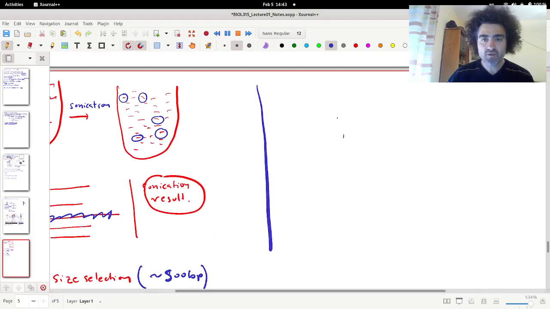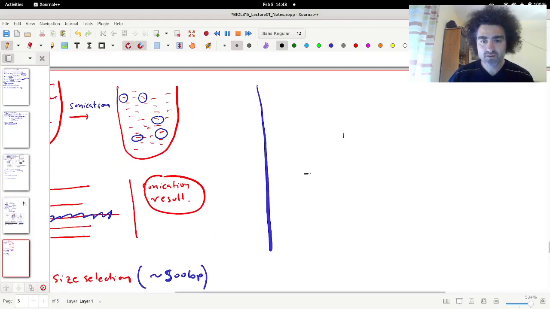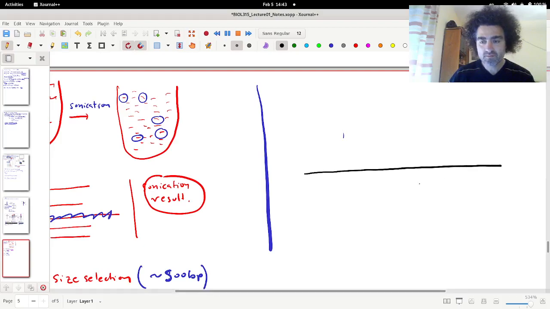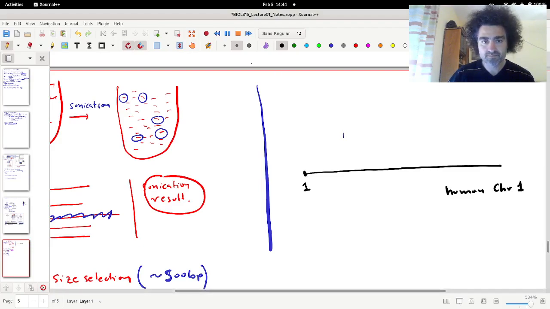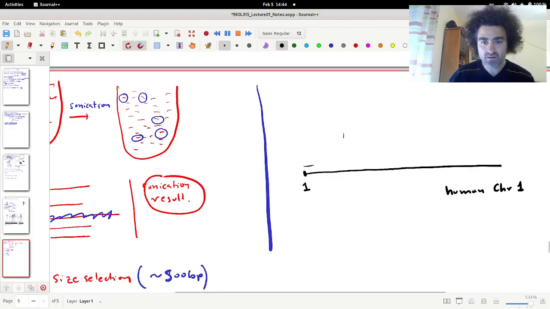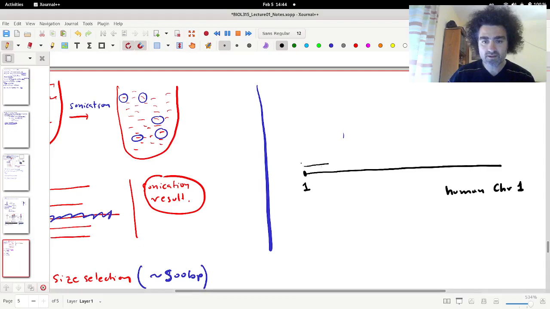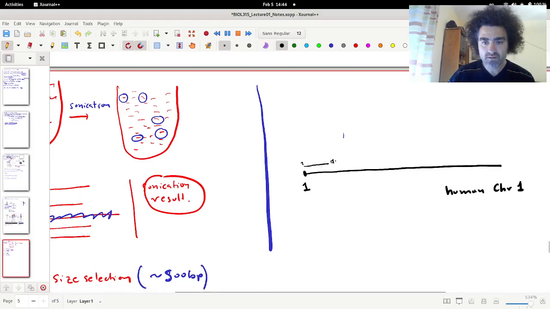It means that if we have, let's say, human chromosome 1, that starts at position 1 here, then what I said before is that we have managed to read from position 1 to 100, and this is because of fragment 1.